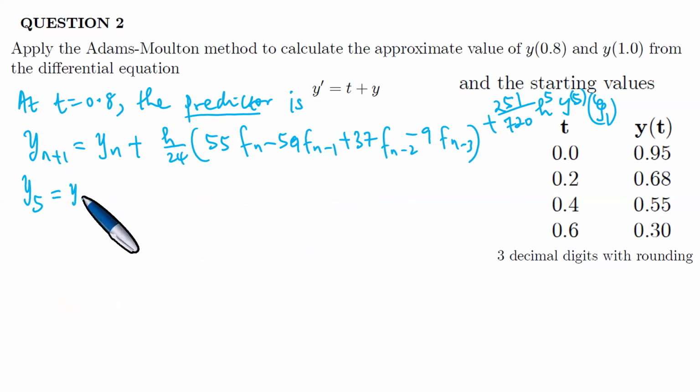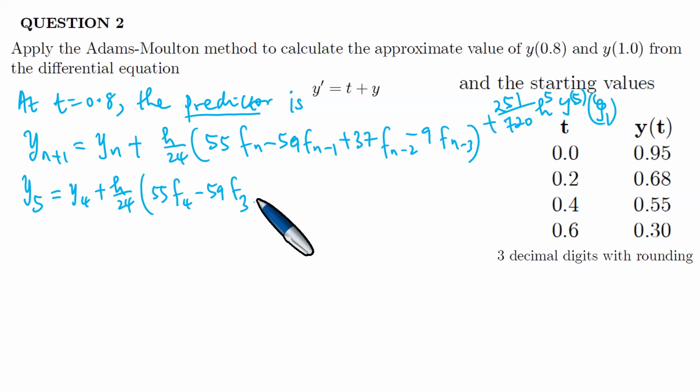Y5 then is going to be y4 plus h out of 24. We are putting 4 in the place of n. So this one is going to be 3, because 4 minus 1 is 3.